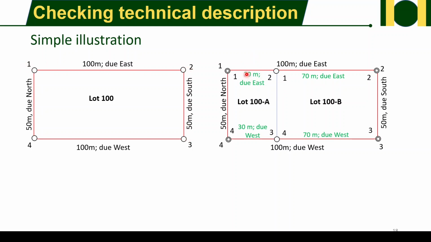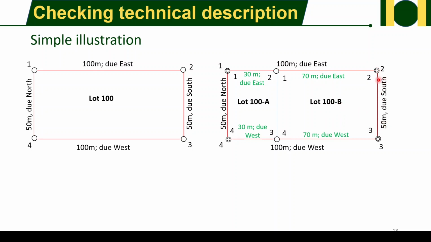So 30 plus 70, it's 100. Same thing for this one. This is also 100, so if this is 30, then this should be 70. And of course, line 2 3 of lot B is 50 meters due south.